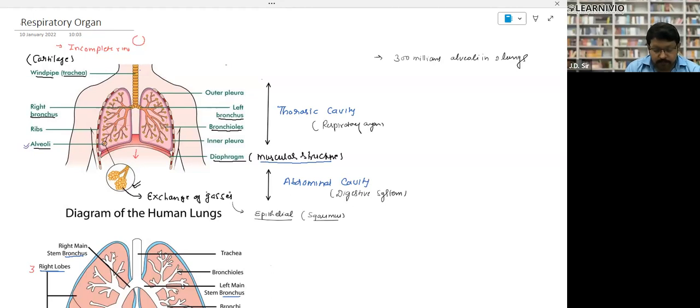They are made up of epithelial layer and have blood capillary for the exchange of gases.